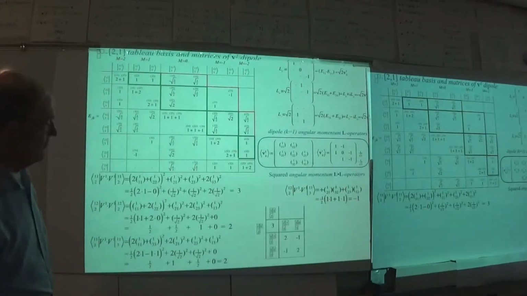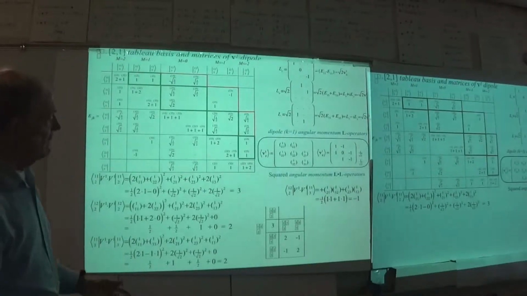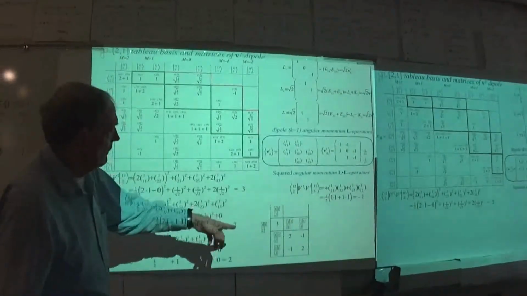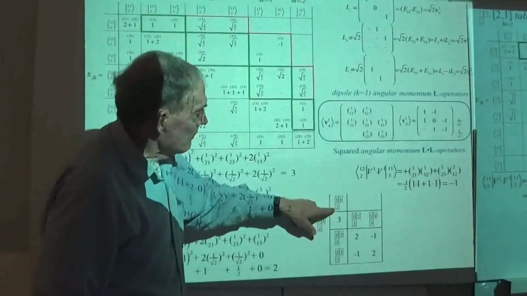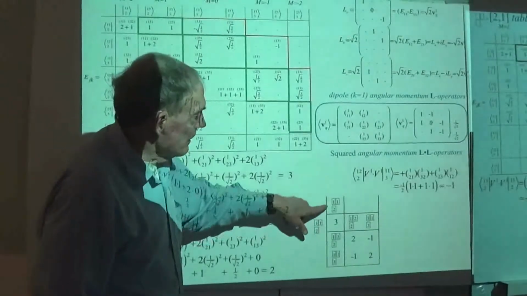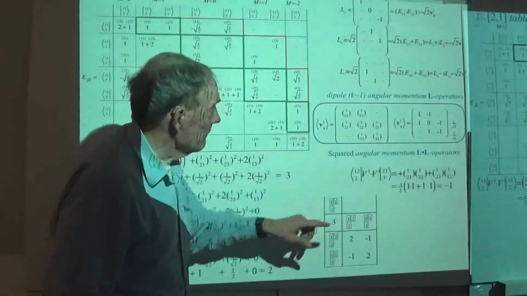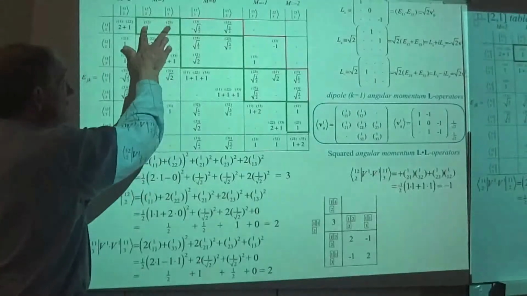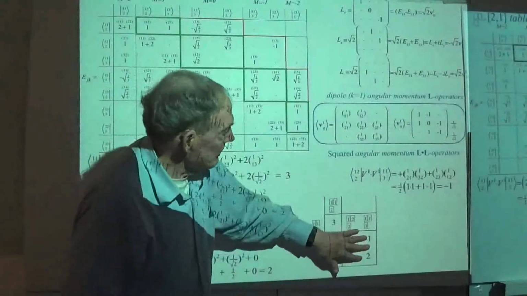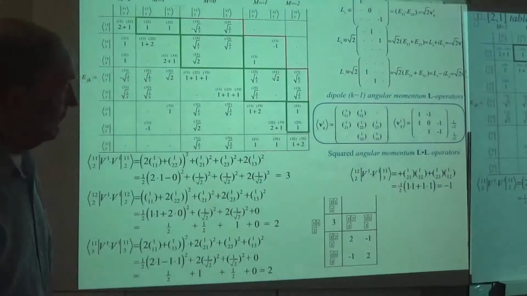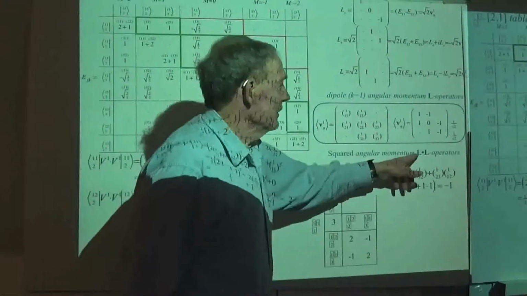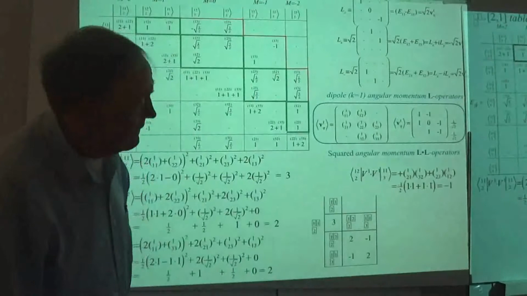Anyway, the upshot of this is that I'm going to produce this little matrix here, involving the diagonal 1, 1, 2, and then a coupling between these 2 guys right here. So this is the beginning of the L dot L, that's the L squared operator.